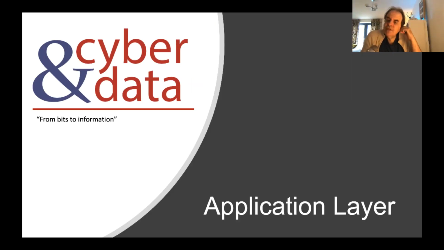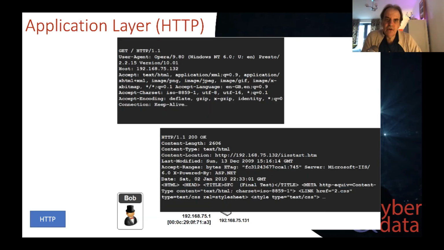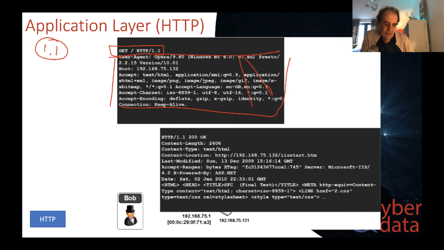And then we move up into the application layer, and at this layer we start to see the higher level protocols. One of the most significant is HTTP, and 1.1 is the most common. For this we send a command such as a GET slash, which is actually asking for a certain top level file, and then we add certain parameters onto that request, which aren't really seen from the browser, but add things on such as the host IP address and the files that the browser will accept.